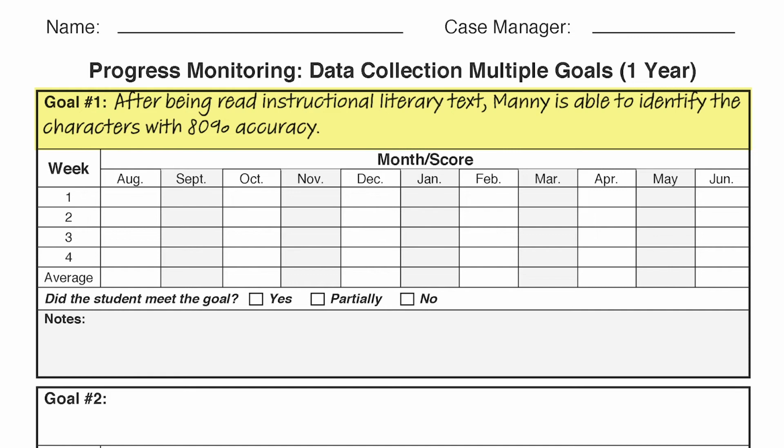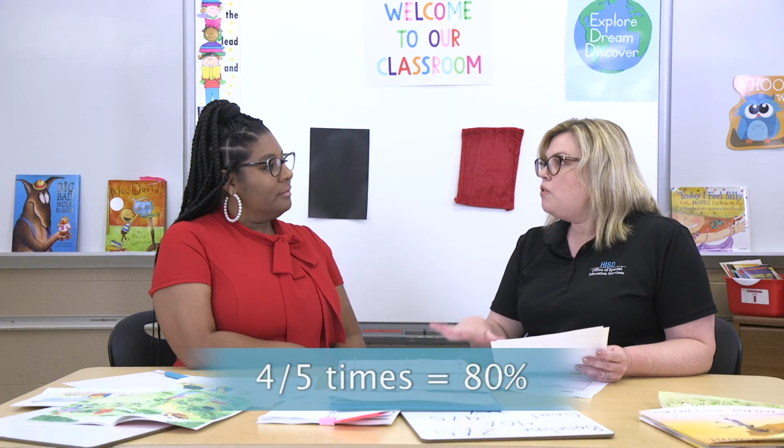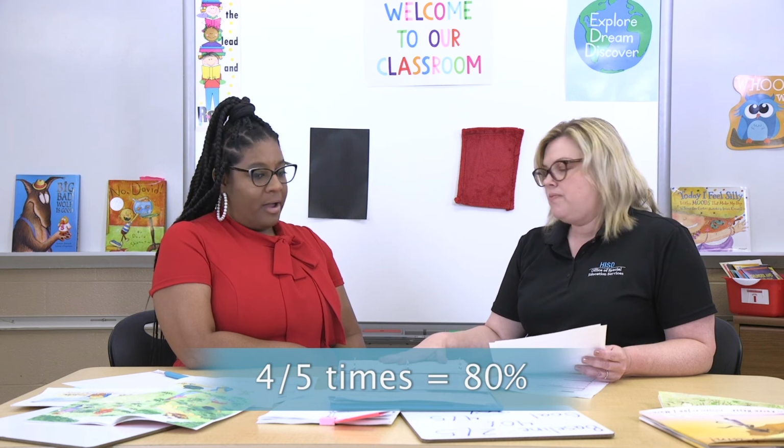Then you would mark 2 out of 5 and he would be at 40%. Okay. Now, in his IEP, it stated that his mastery of the goal was 80%, 4 out of 5 trials. Right. So you'll keep tracking until Manny has reached the mastery of the goal.